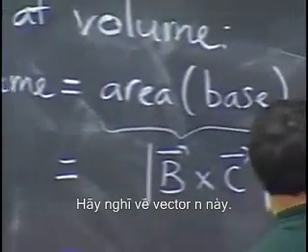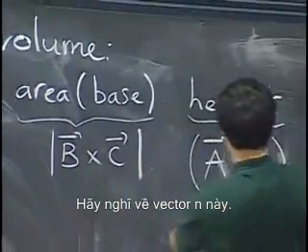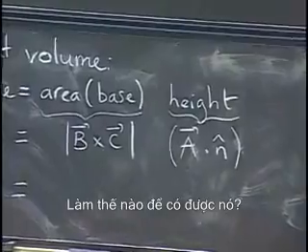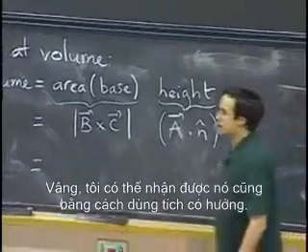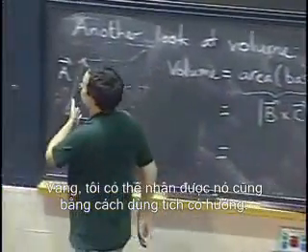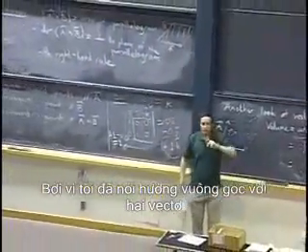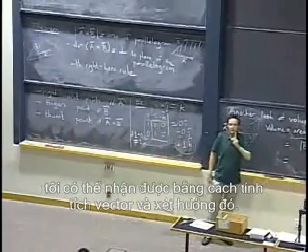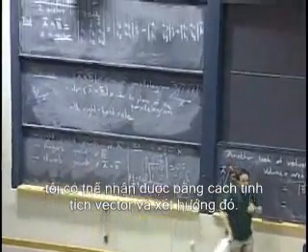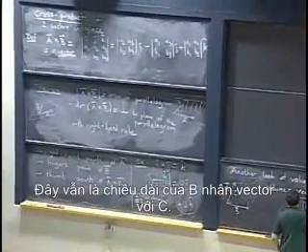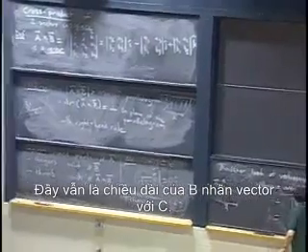So let's think about this vector n. How do I get it? Well, I can get it by actually using cross product as well. Because I said the direction perpendicular to two vectors I can get by taking the cross product and looking at that direction. So this is still length of b cross c.